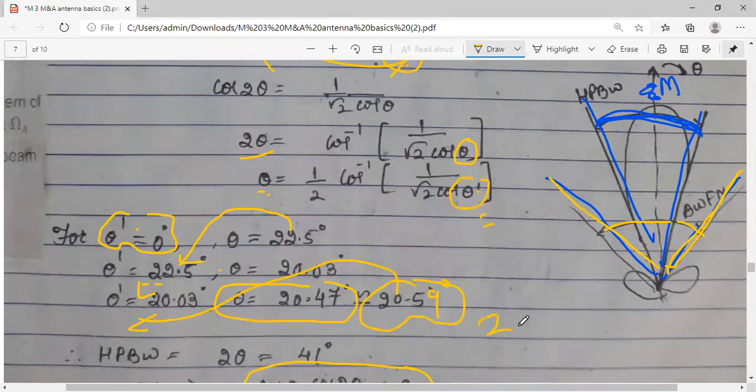Okay, 20.47. Can you take one more value? Next time, take 20.47 as theta dash and check what theta is. One more calculation, okay? 20.48.